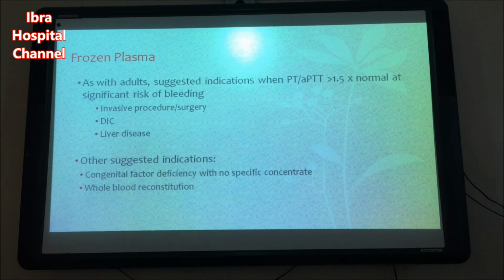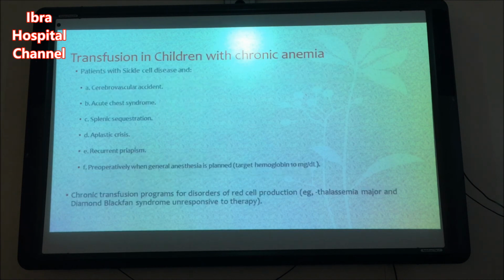Like if this child is born with factor 5, even factor 8, and you don't have factor 8, you go to plasma. Cryo can be used for factor 13 and von Willebrand deficiency. So the indications for plasma, especially in pediatrics, are very limited, and you have to think twice before you ask for plasma transfusion.